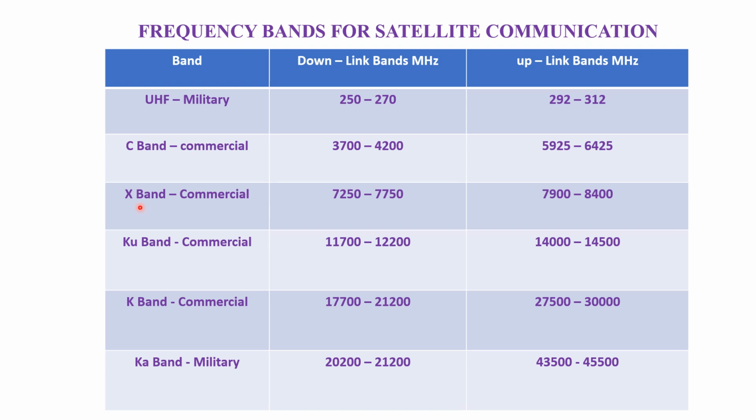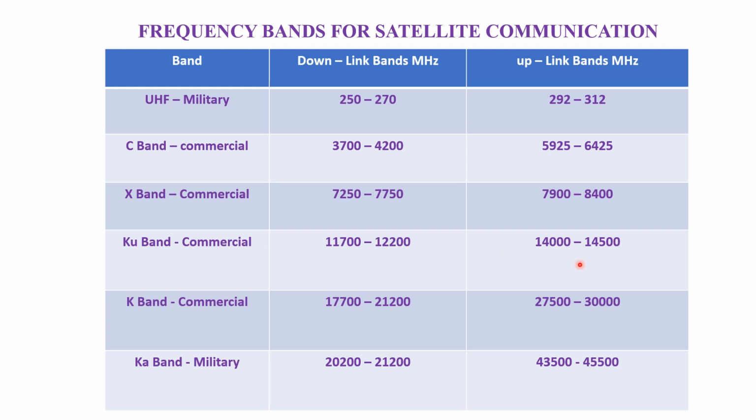For a commercial X-band, the frequency limit is from 7,250 to 7,750 megahertz for downlink, and for uplink it is 7,900 to 8,400 megahertz. Ku band commercial, 11,700 to 12,200 megahertz for downlink, and for uplink it is 14,000 to 14,500.